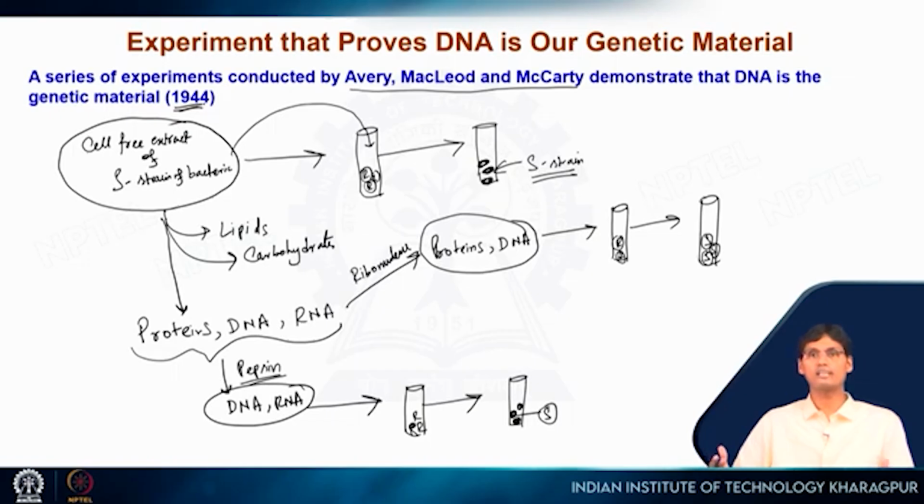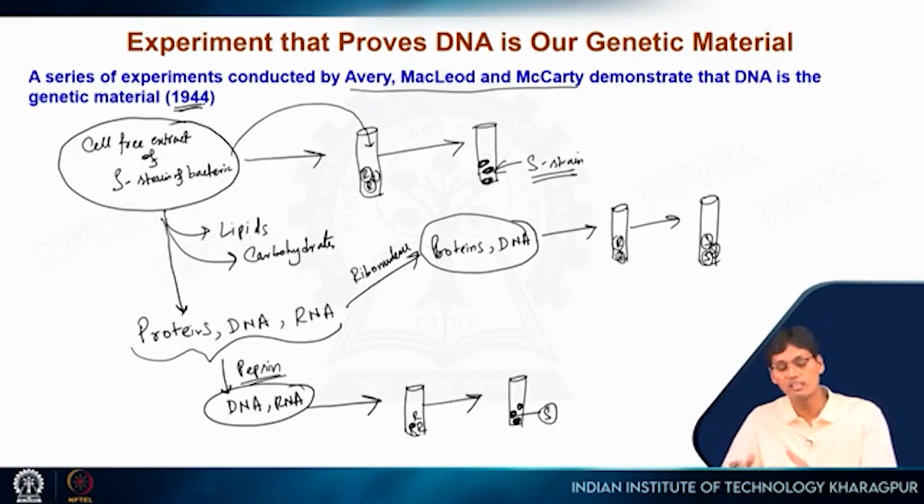But proteins, on the other hand, have 20 different amino acids and their side chains are so different, and they can do function for us. So as a result, it was very difficult for Avery, MacLeod and McCarty to convince the scientific community that this is DNA and DNA is responsible for this transformation.